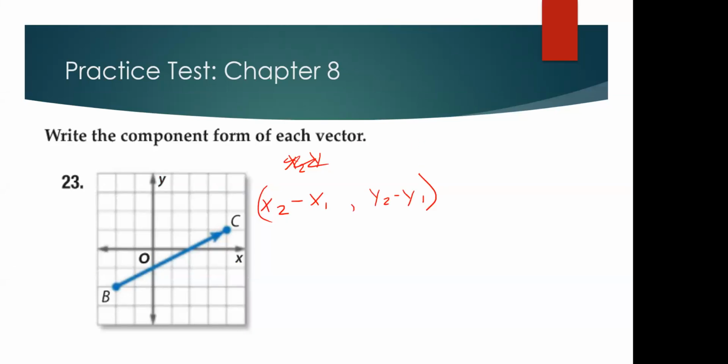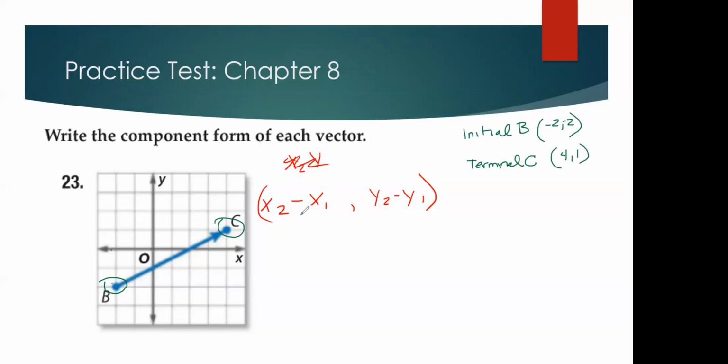So our initial point is B, and the coordinates are -2, -2. And then our terminal point, which is our ending point, which is C, the coordinates are 4, 1.